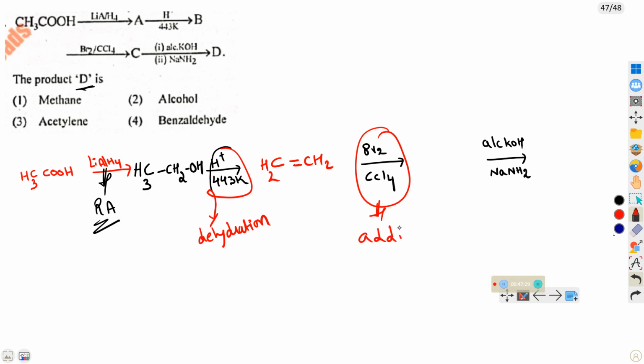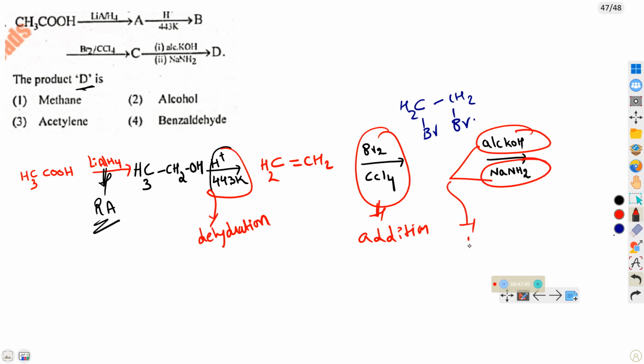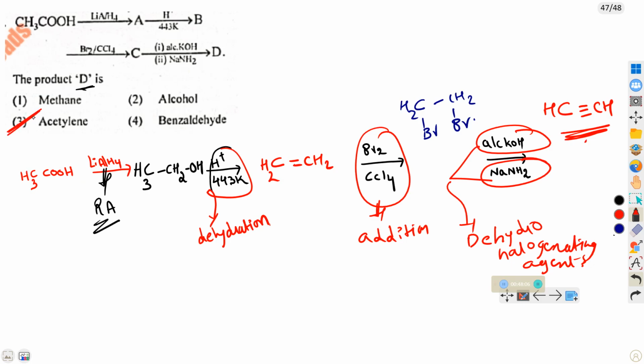Addition reaction, then it gives CH2Br, CH2Br. Now alcoholic KOH, NaNH2, both act as dehydrohalogenating agents. Remove hydrogen and halogen, then it gives CH triple bond CH. Acetylene is the product.